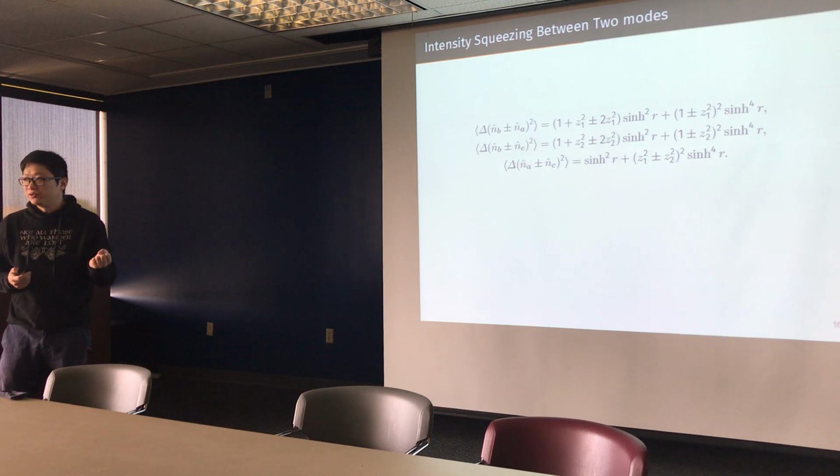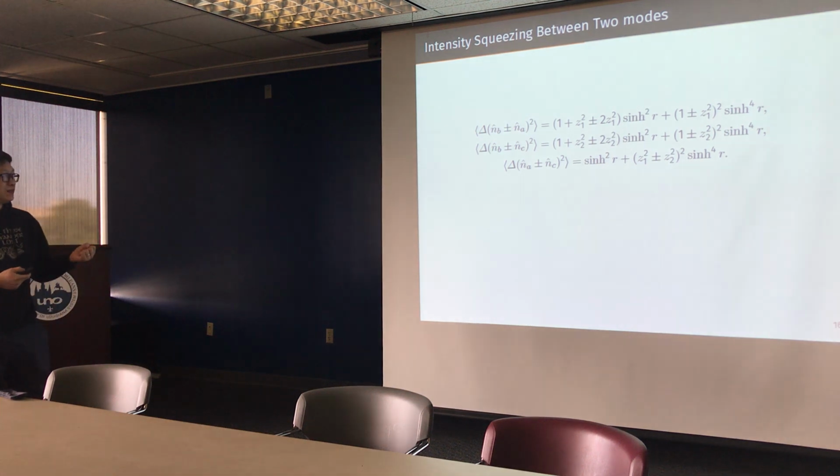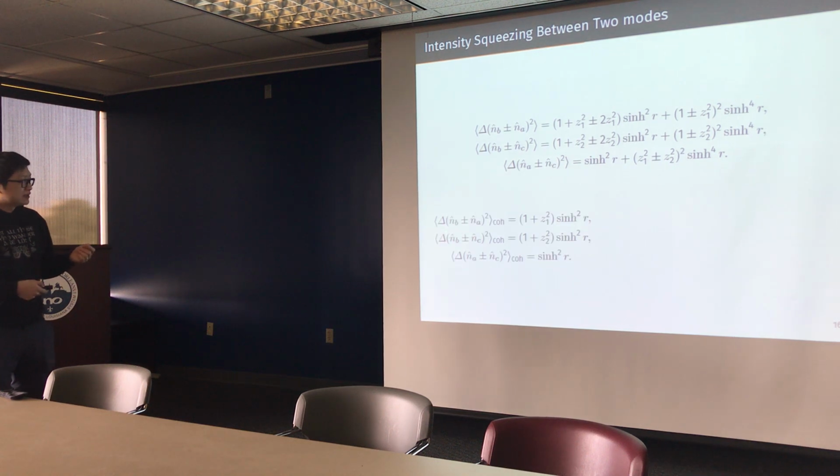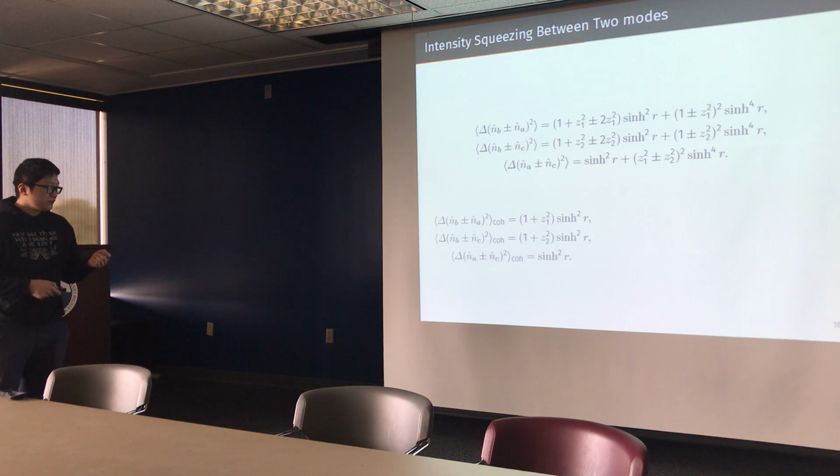Right. Now, what we can't have in a two-mode squeeze vacuum is the intensity difference between pairs of modes. So this is something new with the 3-mode squeeze vacuum. So now we can look at the operators NB plus minus NA, NB plus minus NC, and NA plus minus NC. And the variances of these 6 operators are shown here. And the standard noise limit for the 6 operators are shown here.